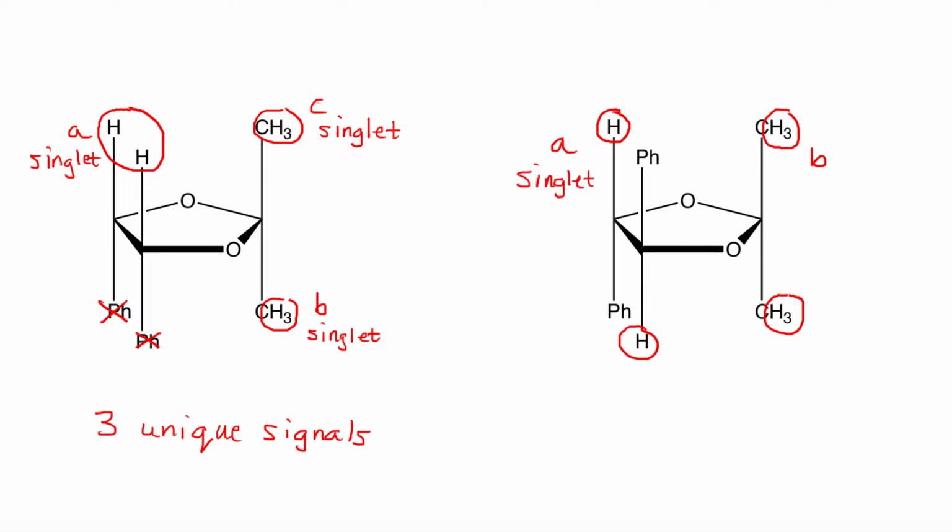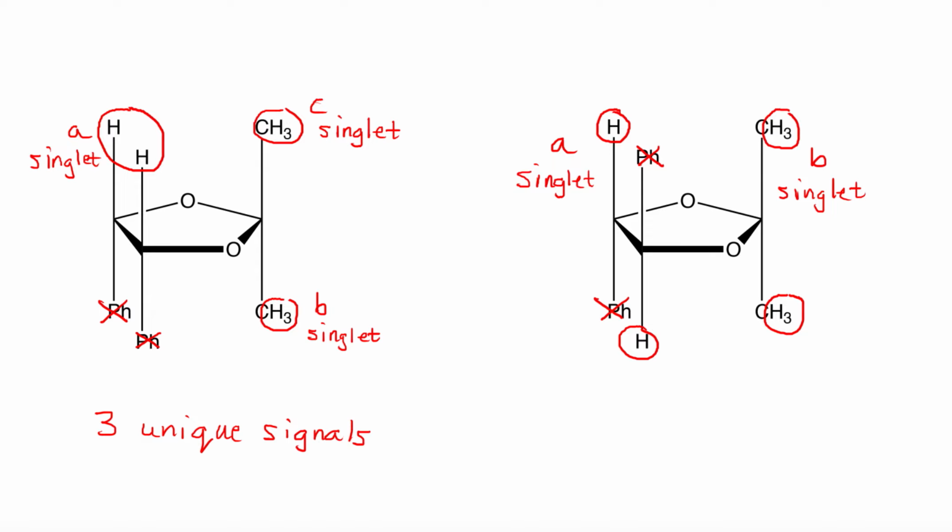We would expect to see one signal for these protons as well, and we would expect to see a singlet. And of course, I'm disregarding the phenyl protons because all we have to do is take a look at the aromatic region. If we see that there are peaks that have formed, it will confirm the phenyl protons, but we're not going to worry ourselves over that. We want to focus more on the A and the B signals that will appear on the spectrum.